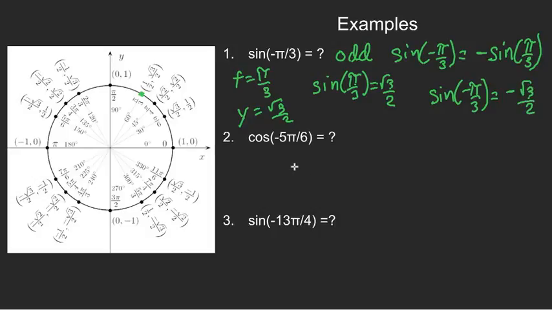All right, now let's look at this example. So we know that cosine is an even function. So cosine of negative 5 pi over 6 is going to just equal cosine of 5 pi over 6. So let's find t equals 5 pi over 6, which is right over here.